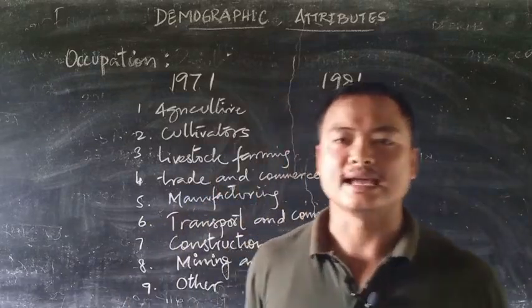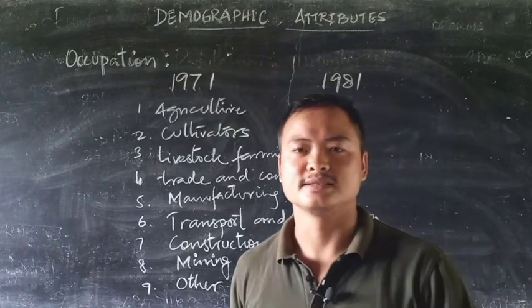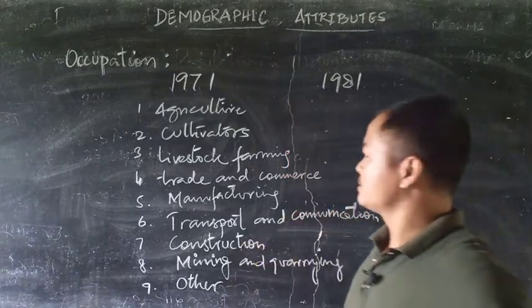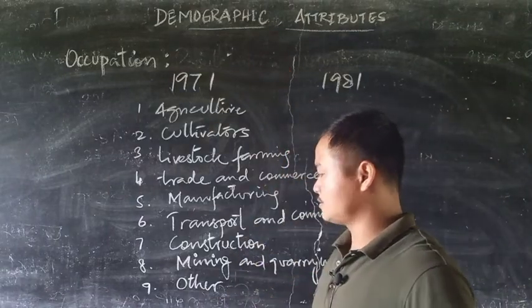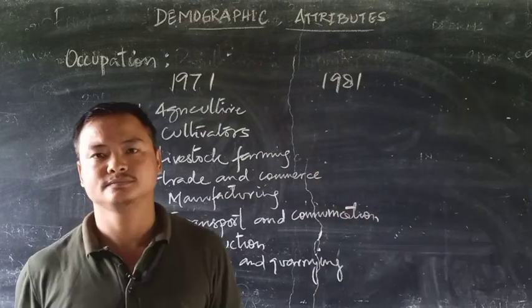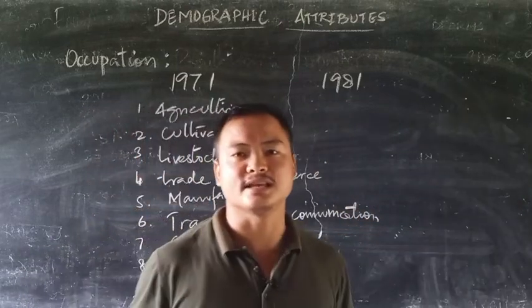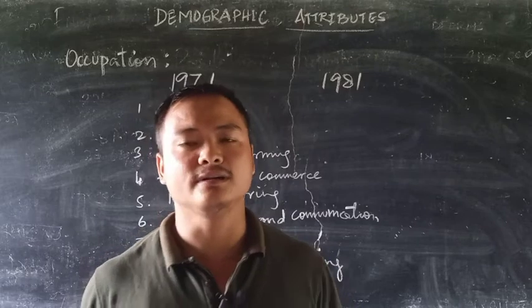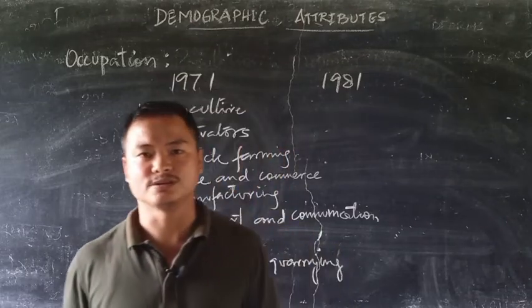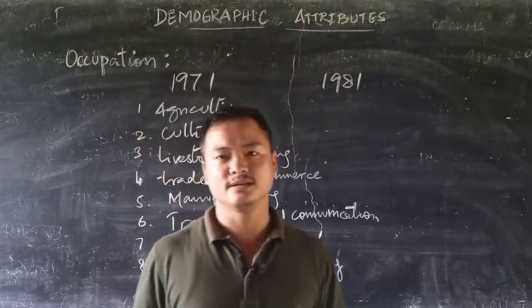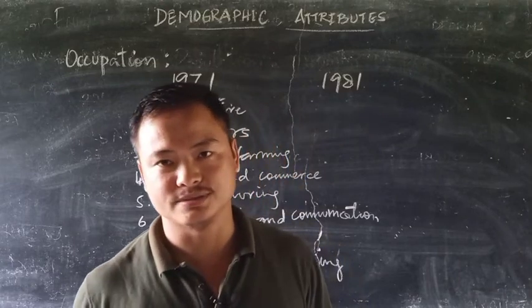So this is as per the 1971 census that the occupations were shown in 9 different sectors. But the 1981 census of India showed different forms of occupation, or you can say types of occupation or categories of occupation.